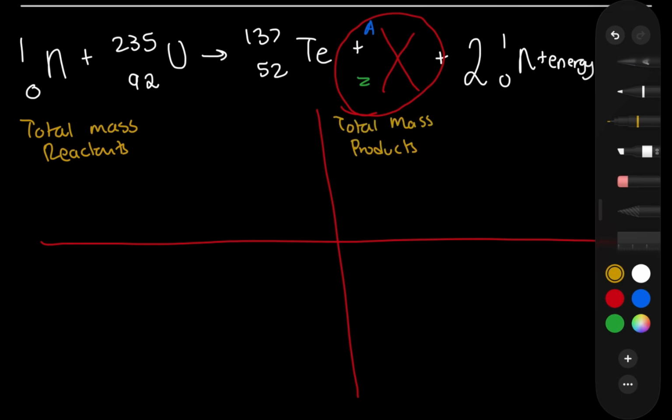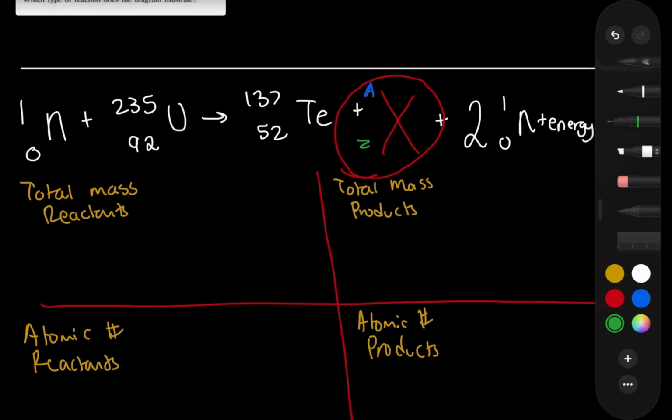And here we're going to have the atomic number of the reactants and atomic number of the products. So just to refresh your memory, here we have something in AZX notation. And AZX notation basically means that A is our mass, Z is our atomic number, and X is our symbol. So now that we know that, now we can add the values on each side.